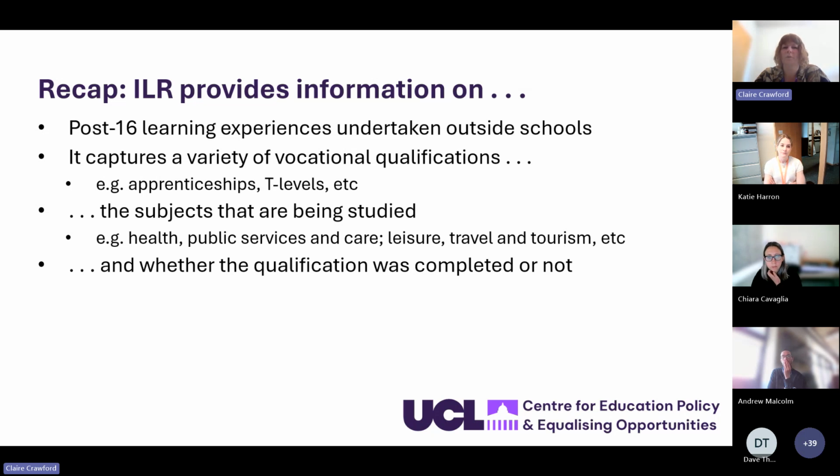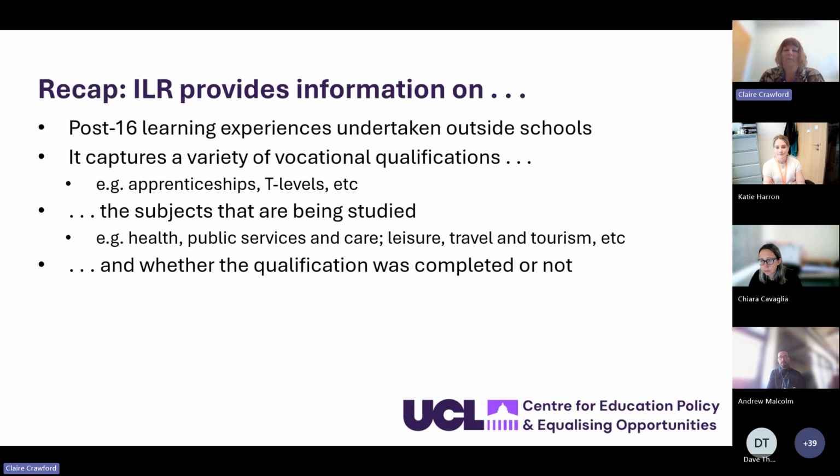So it captures all of the types of vocational qualifications that are on offer to people through those routes. Chiara talked about apprenticeships, but also some of the new vocational qualifications that have been introduced more recently, like T levels, and I assume V levels will appear in there when they come into being as well.